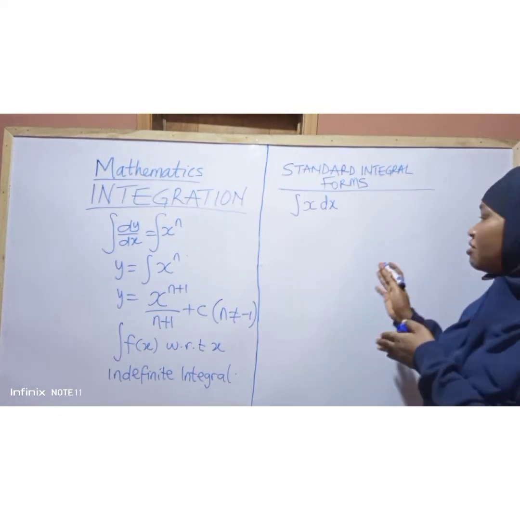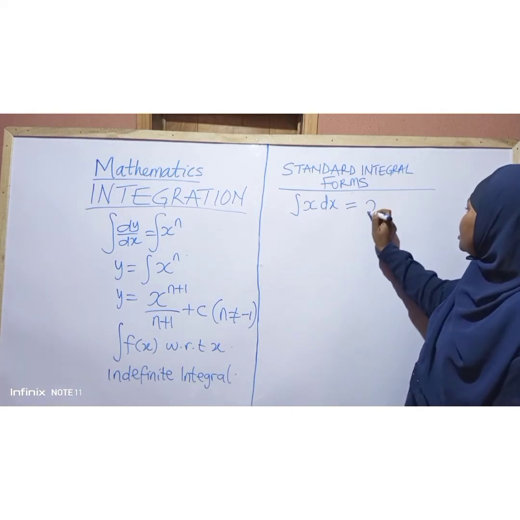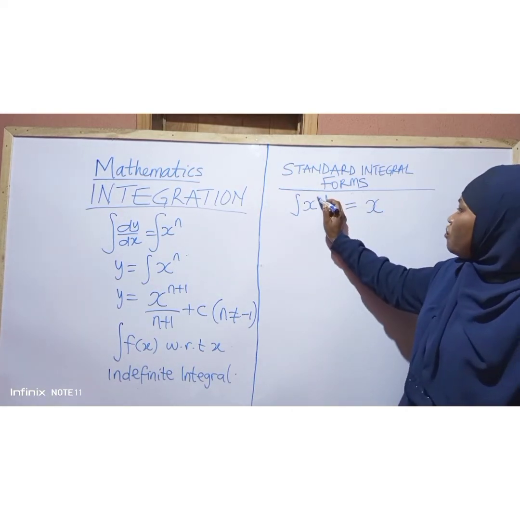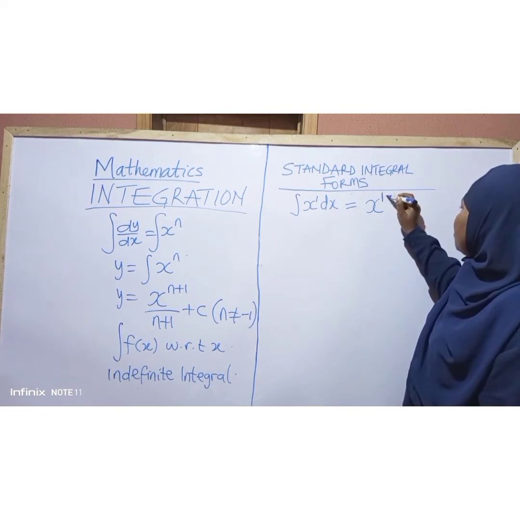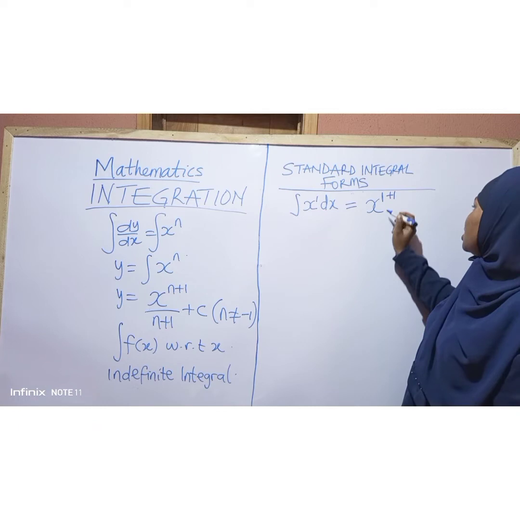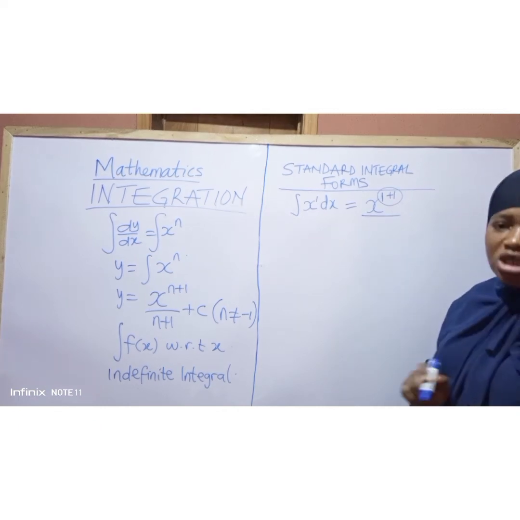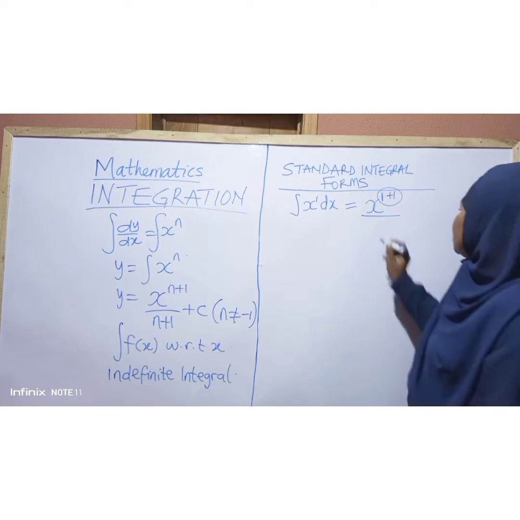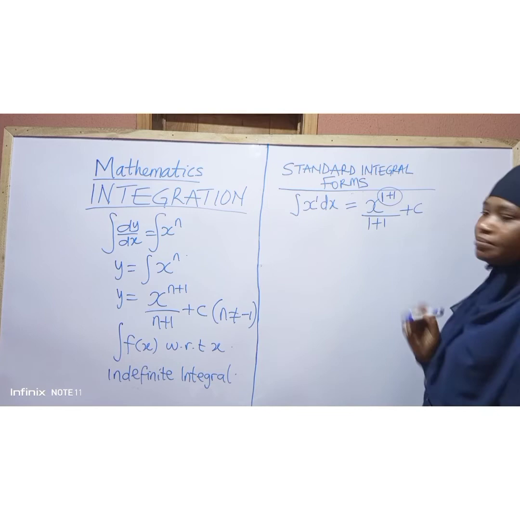the integration of this one will give me x, the power of x here is 1. So that power then plus 1 divided by the whole of the new exponent now, which is 1 plus 1, then plus c.